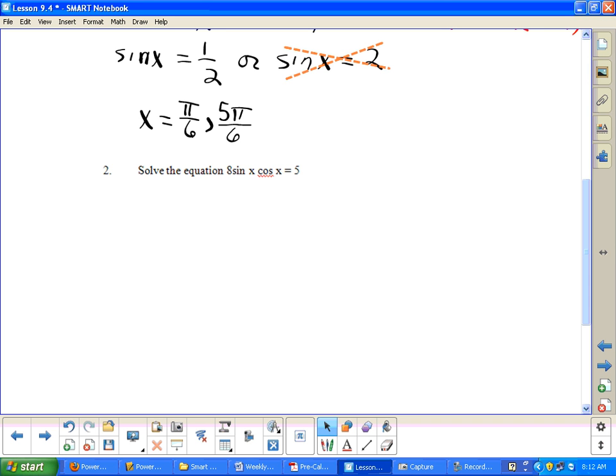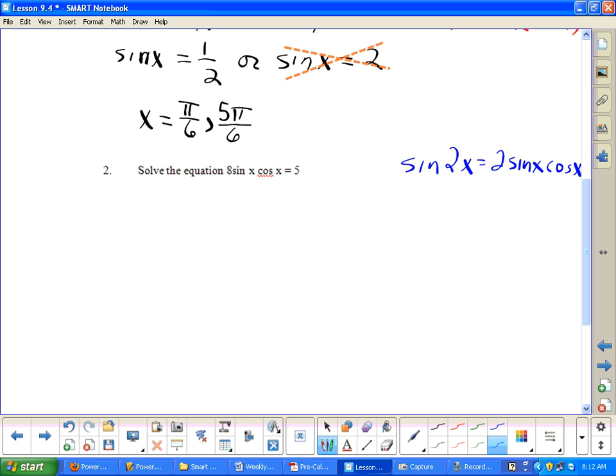Well, the sine of 2x is equal to 2 sine of x cosine of x. What's wrong with this, though? What's the difference?